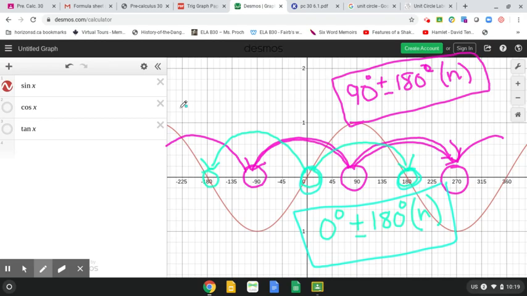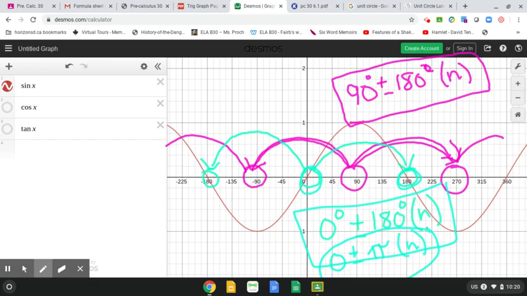But this question is in radians. You could, if you want, simply go into the wrench here and change it to radians. But you should know by now that 0 is still just 0 in radians, but 180 degrees is pi.